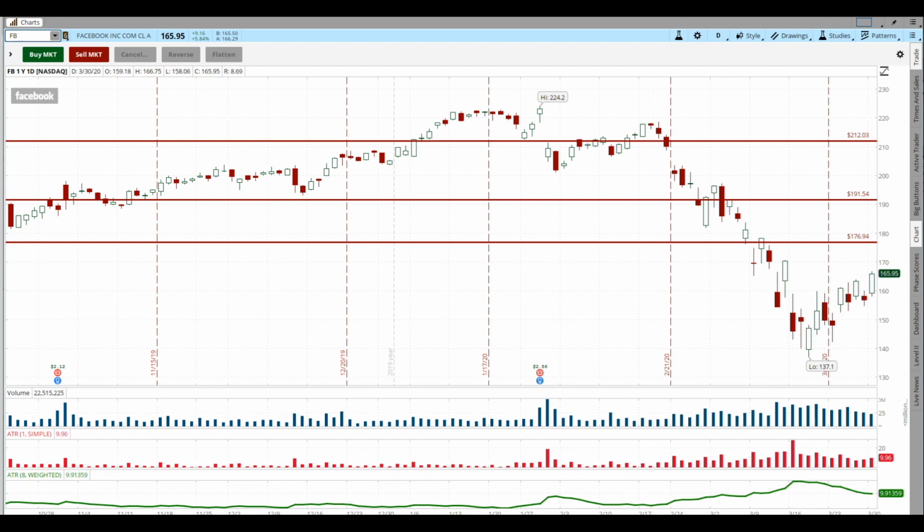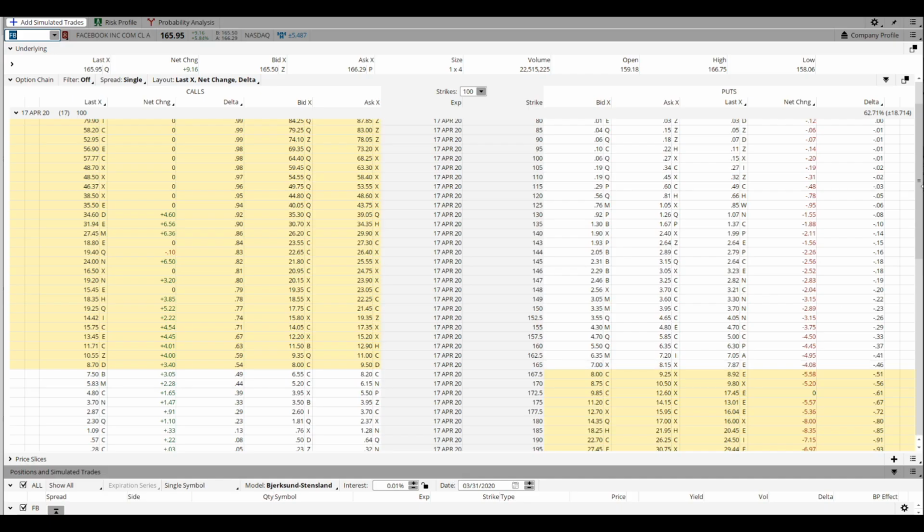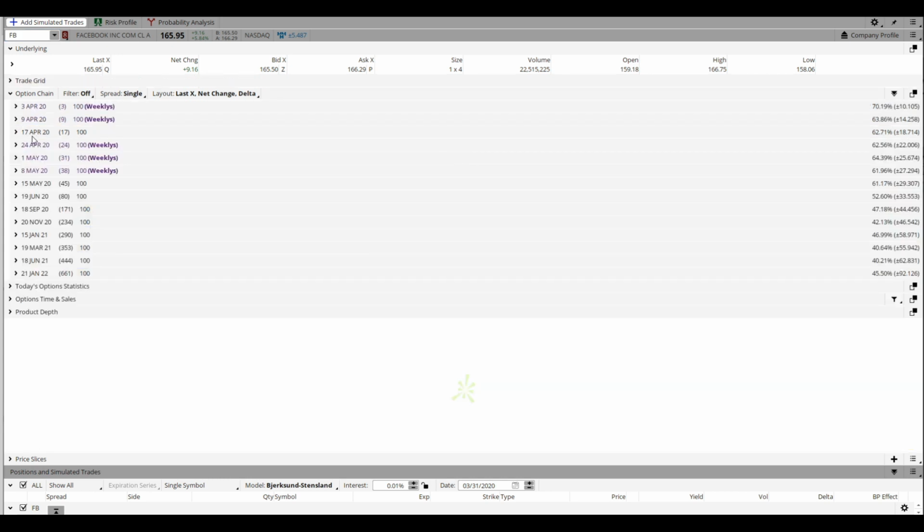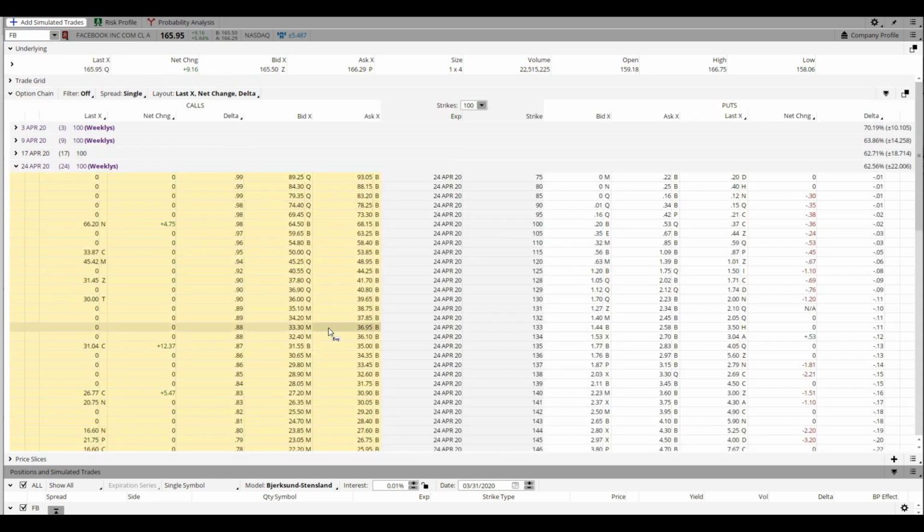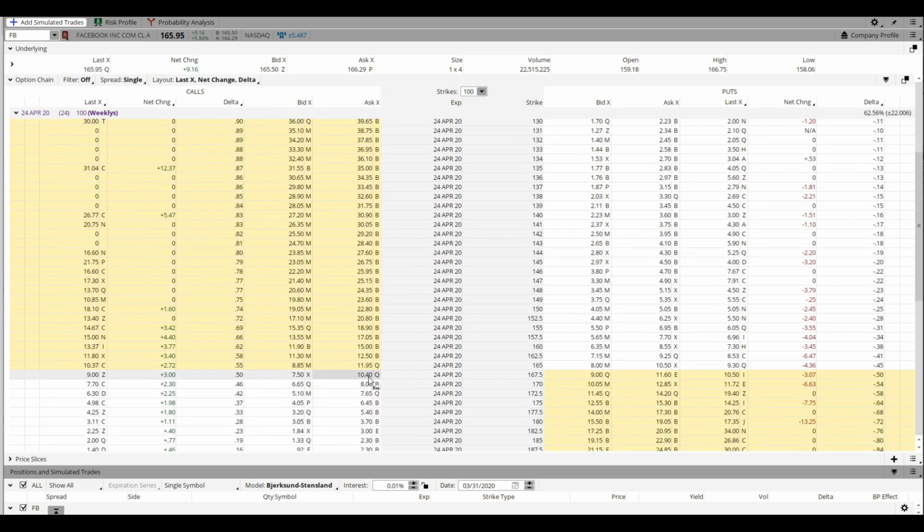So let's go back to Facebook here. Let's say now you go to 28 days away. Be careful. The bid-ask spread now is $7, but since we are looking at off-market hours, the spread is like that.